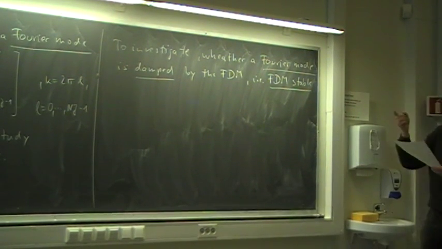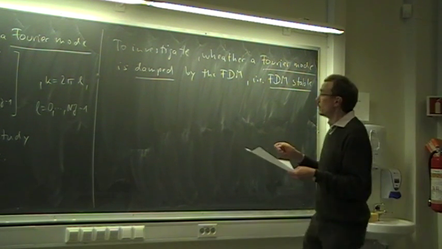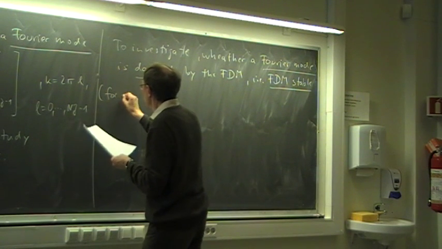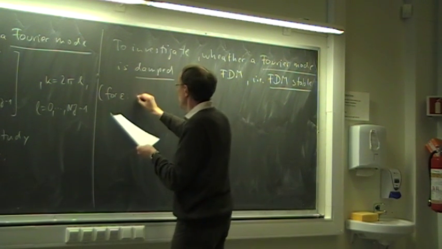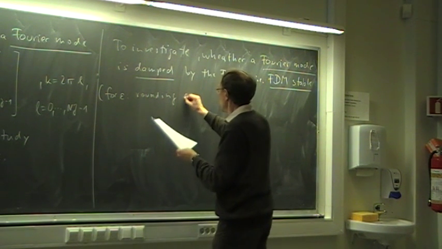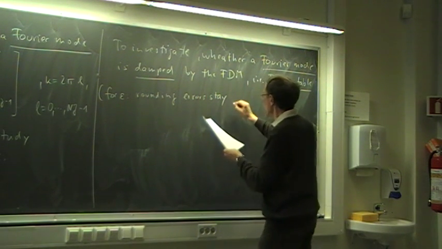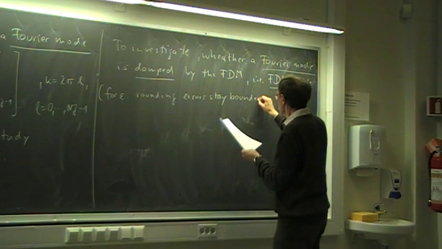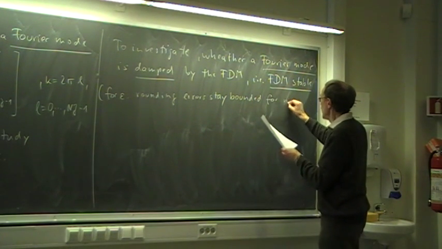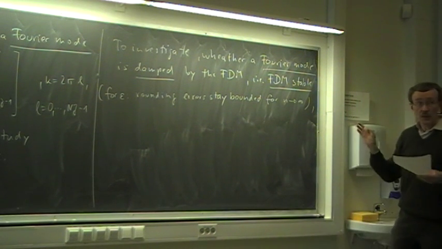So that means if we look at u, the solution, but if we look at the rounding errors, then the rounding errors will stay bounded. For epsilon, it means that the rounding errors stay bounded for n to infinity. So that is what we want.